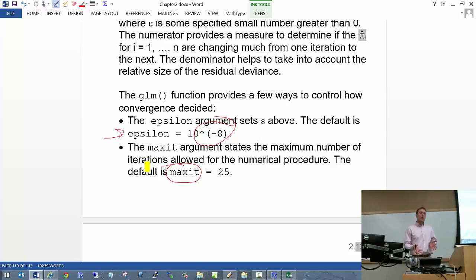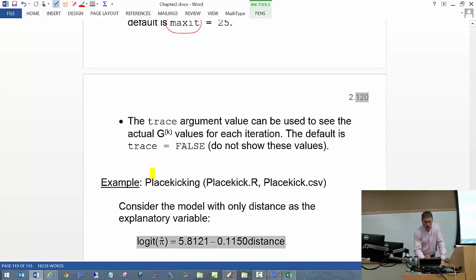Let's say you don't converge in 25 iterations. The first thing you should probably do is try a larger number of iterations and see if it works. If it doesn't, then we'll talk about what to do. Also, you can watch the convergence happen by using the trace argument, which allows you to see each of the G's being printed.